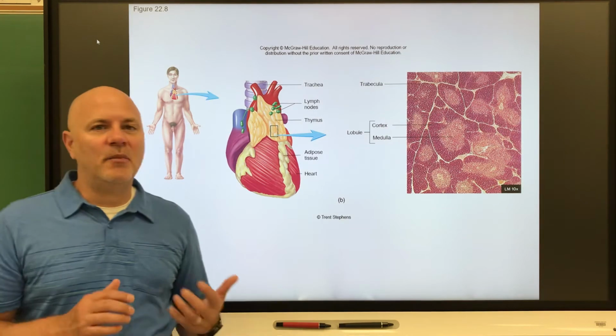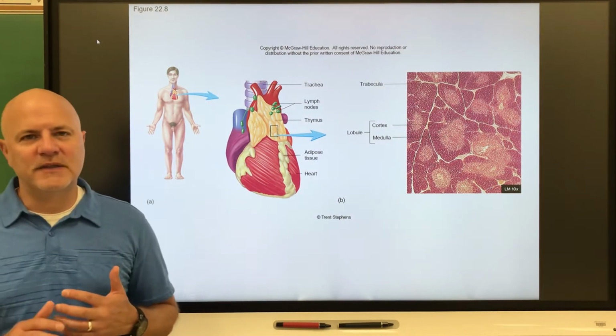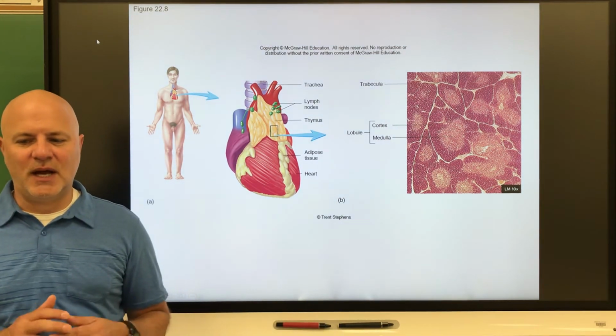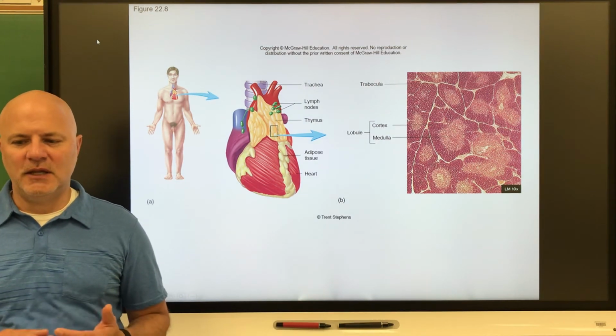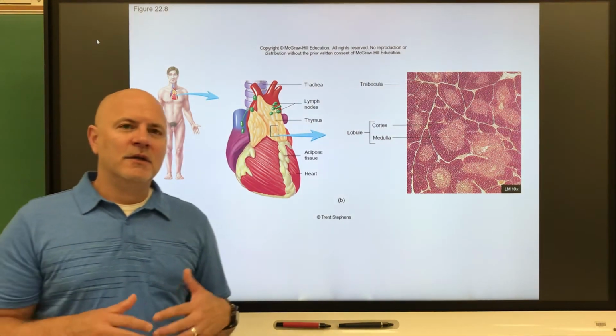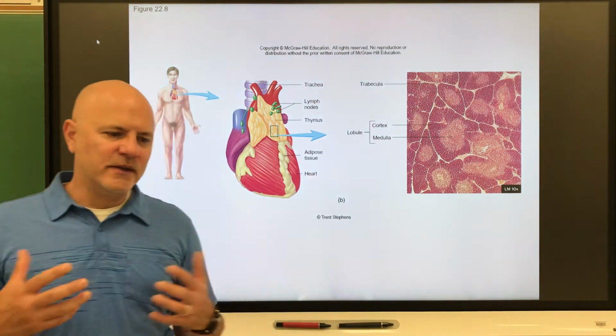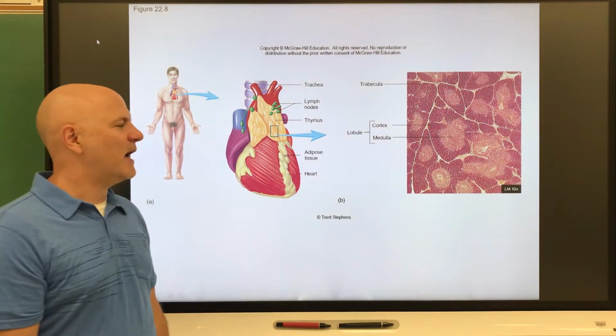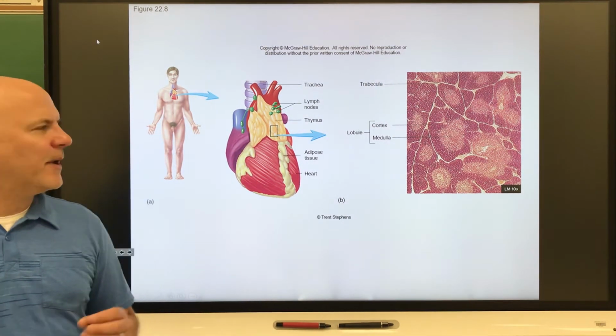So these cells become immunocompetent, meaning they have the ability to function against specific pathogens in the immune response. This is one of the properties that lymphocytes have, that they are immunocompetent.